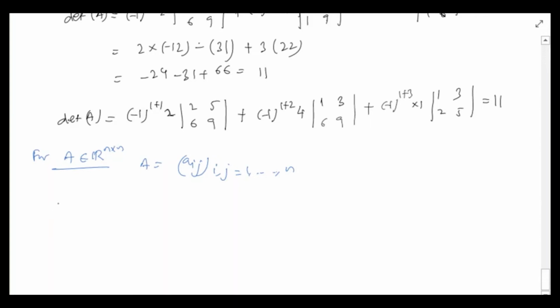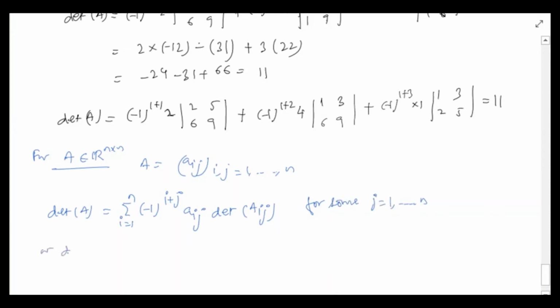So let's say I'm expanding along the jth column, then determinant of A could be written as the sum over i equals 1 to n of minus 1 raised to i plus j, Aij, that is I'll move along column j, and here I'll have determinant of Aij, where Aij is the submatrix of A obtained by deleting ith row and jth column. Okay, so I could expand along any column j, for some j equals 1 to n.